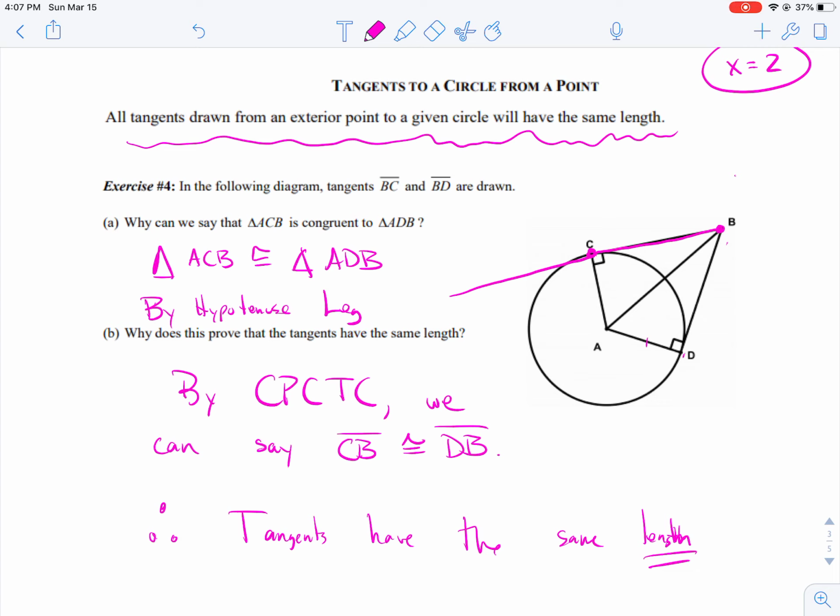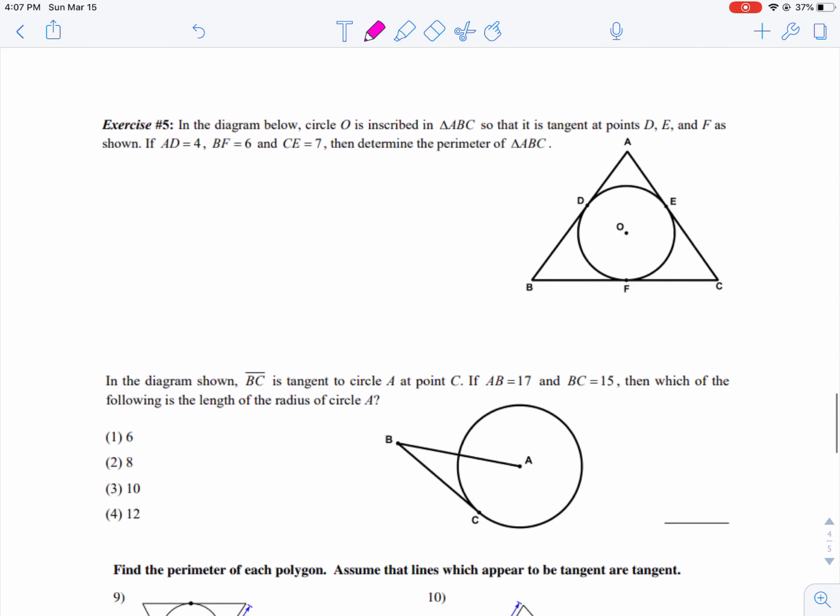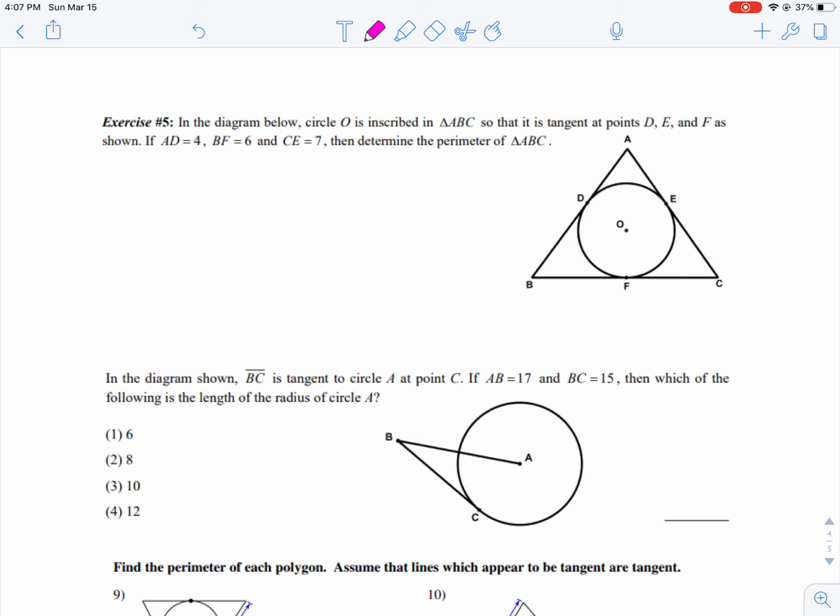Then to get from B to D, again, we're just touching the circle once. So these two rays right here both end up touching the circle at the same distance apart. Okay? So that's what that means. All right. So that being said, let's continue on here.